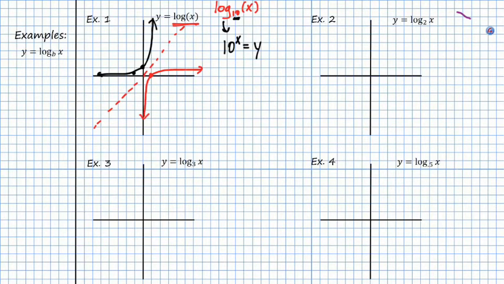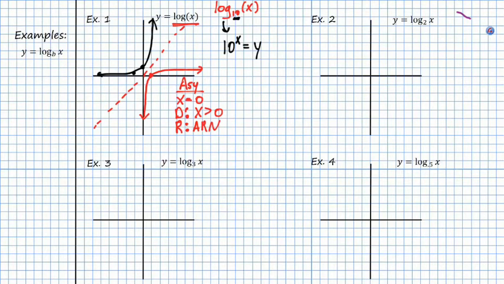And the attributes of this are that your asymptote is x equals 0. Your domain will be x is greater than 0, and your range will be all real numbers.